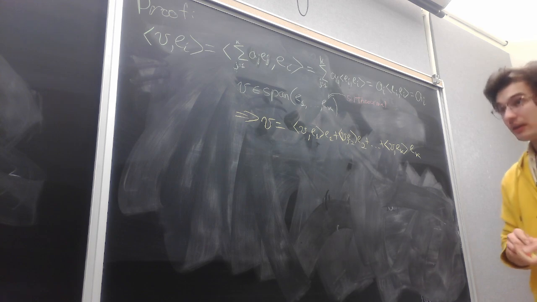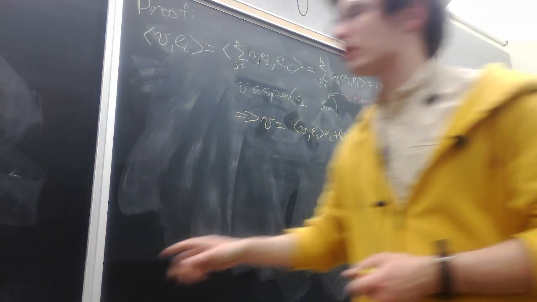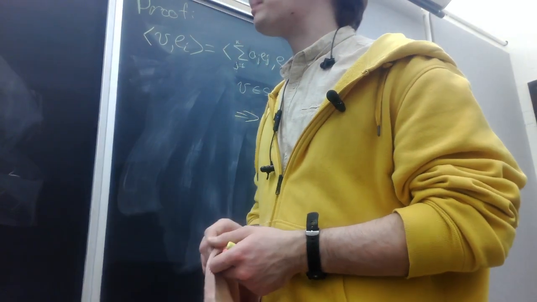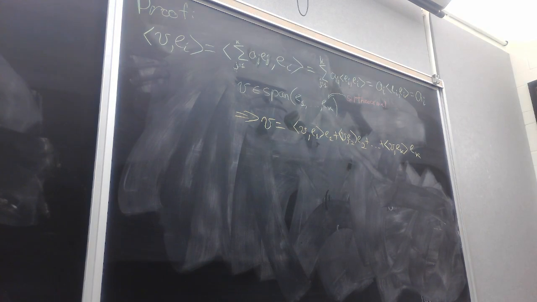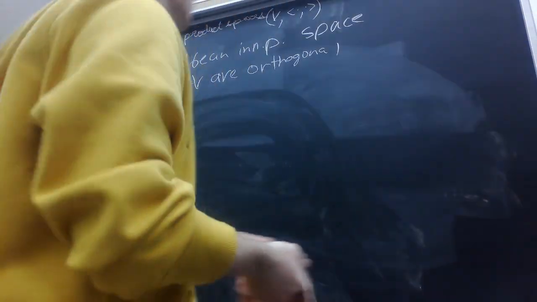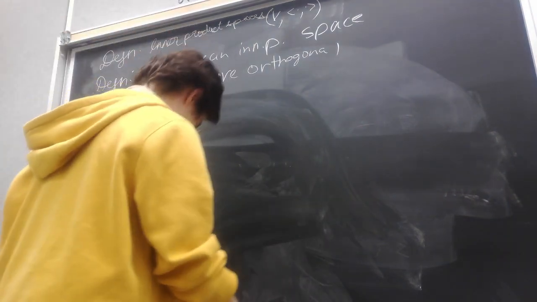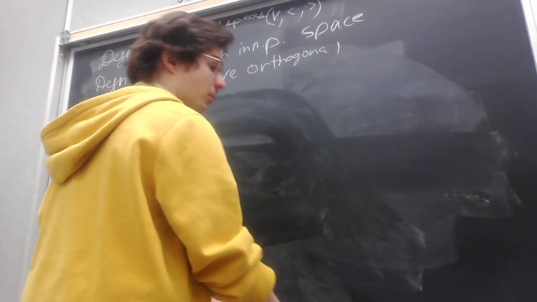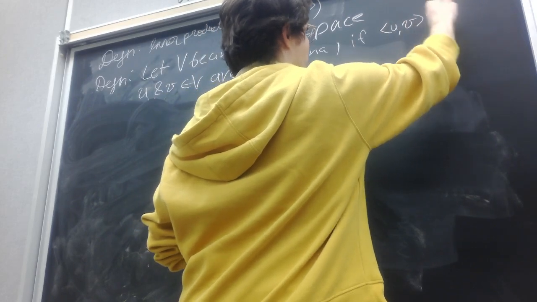Okay. Now, so I will kind of erase all of this, rewrite it slightly more neatly, and we will have finally a new definition. Okay, so U and V are orthogonal if their inner product equals 0.